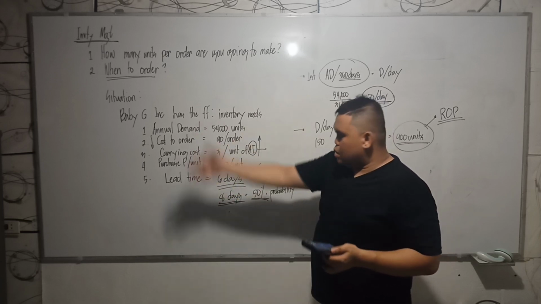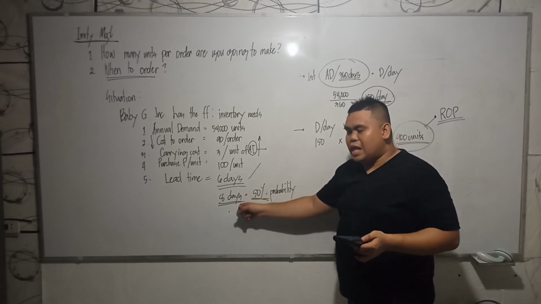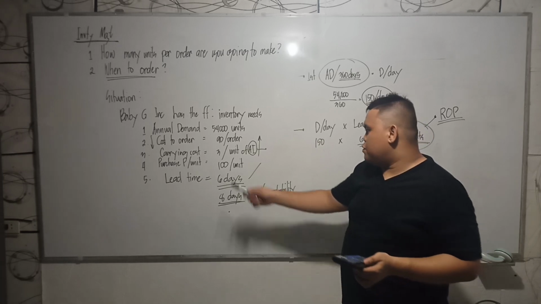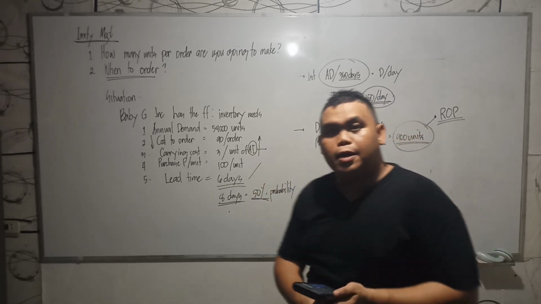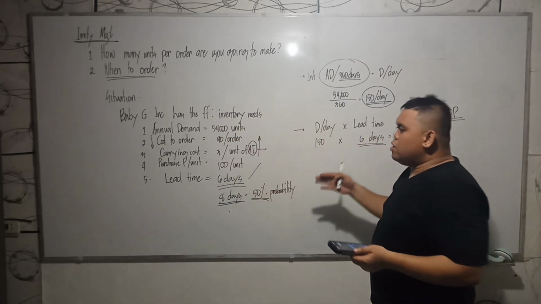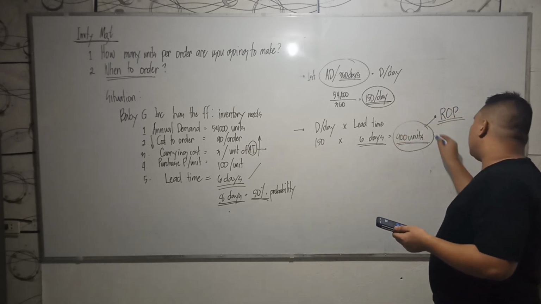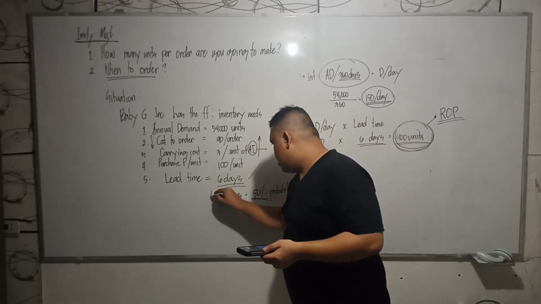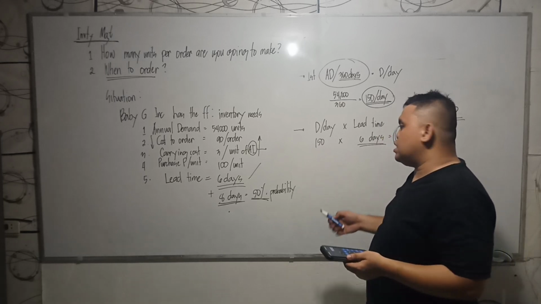From the ordering point to the delivery, it's 6 days. But 50% also of those times, the delivery time is 8 days or the lead time is 8 days. So meaning, 50-50. So this 8 days has 50% probability. Okay? Now, if this will be the case, there will be a safety stock. Okay? So instead of reordering at 900 units inventory level, you have to add 2 days if the opportunity cost is great.